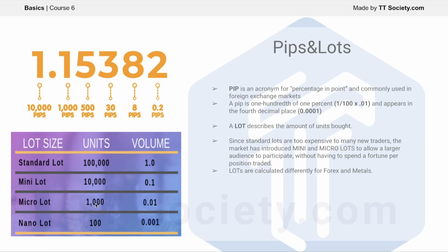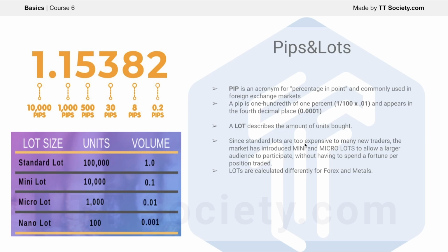Again, we are focusing on metals, on commodities, and we are trading CFDs. So these unit numbers are coming from the Forex market, and they are different in the CFD market.